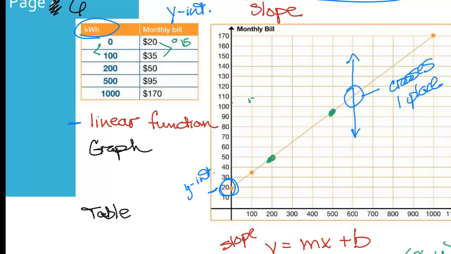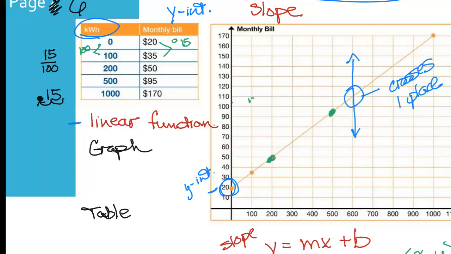And this is over 100. So if I take 15 and divide it by 100, that gets me that 15 cents. So that's another way to show this difference in slope on a table, is finding the difference.